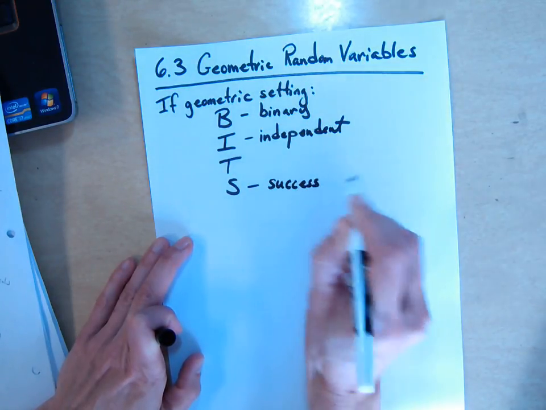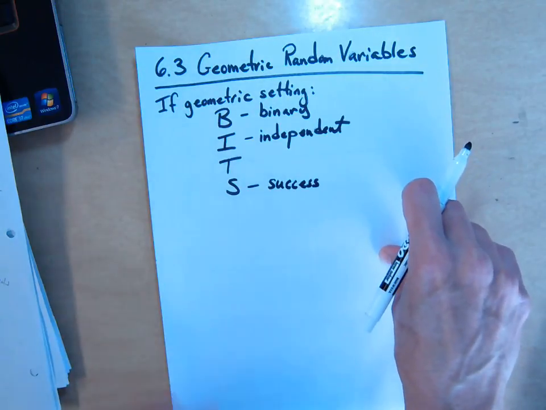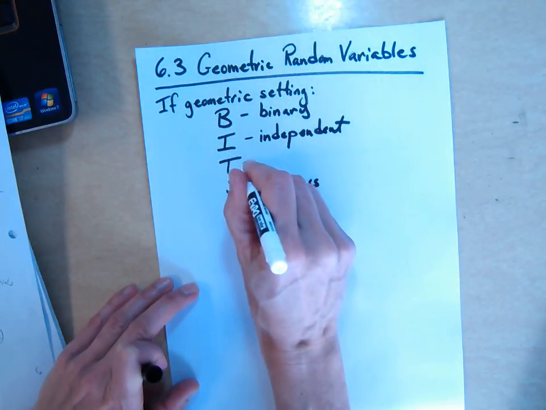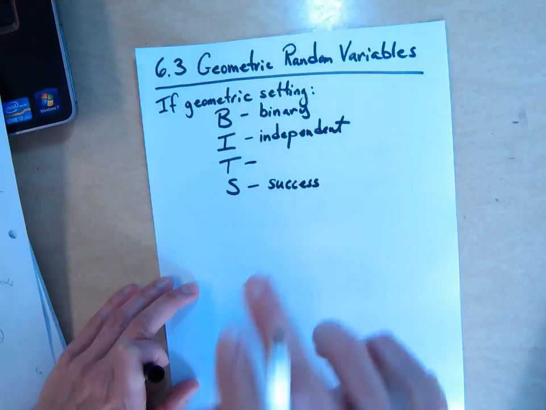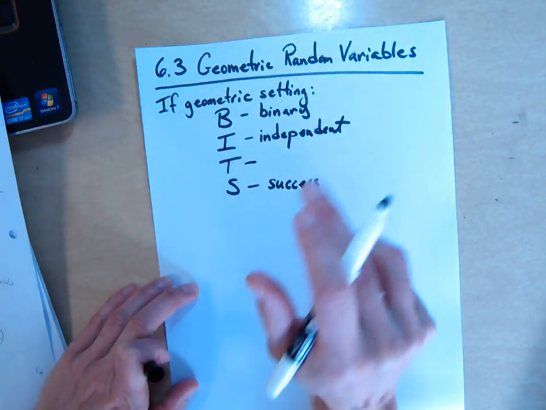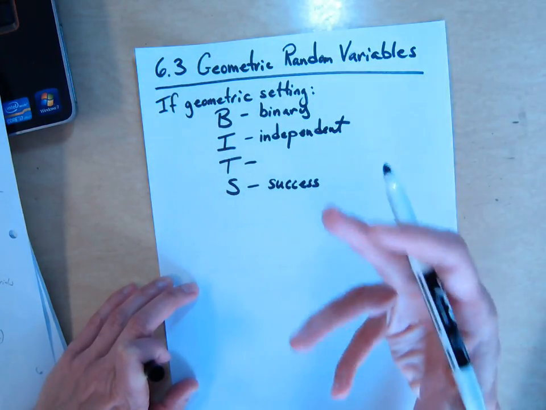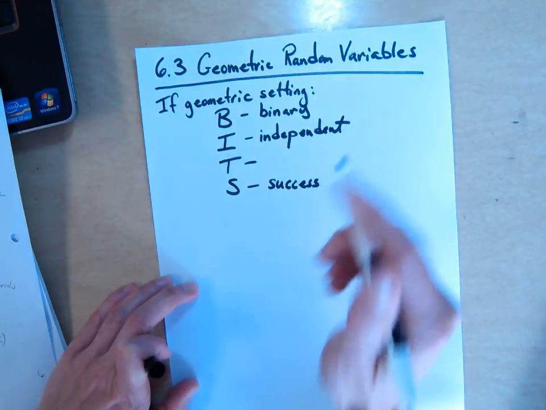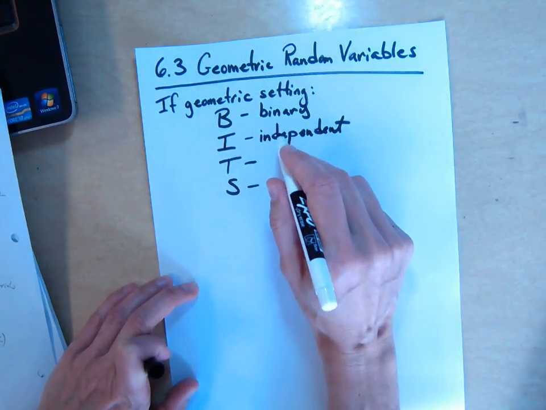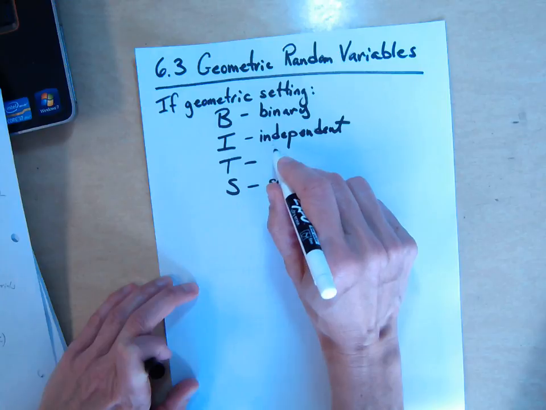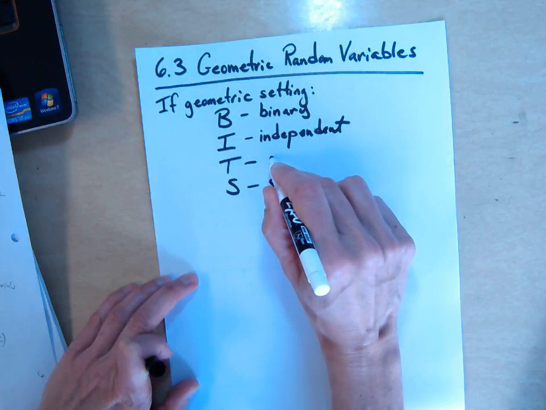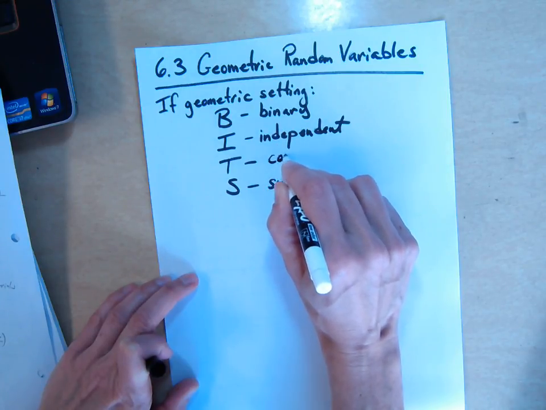The probability of success is the same on every trial, but T is different. The main thing that makes it geometric rather than binomial is that you're going to continue going until you have your first success. So you keep going. So you continue trials until first success.